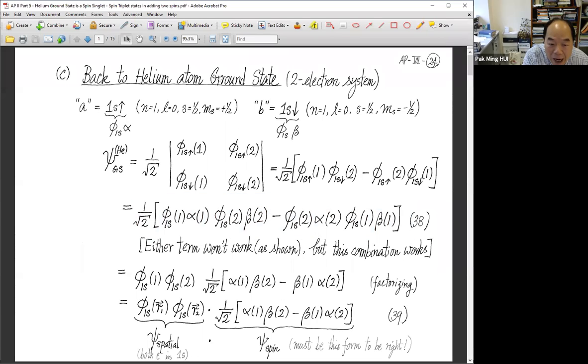Now, for the ground state, at the beginning in our mind is that we have two electrons both in the 1s spatial state. Okay, now that is 1, 0, 0 alpha theta phi. All right. So now we see we have electron number 1 in 1s, electron number 2 in 1s. This side we have electron number 2 in 1s, electron number 1 in 1s.